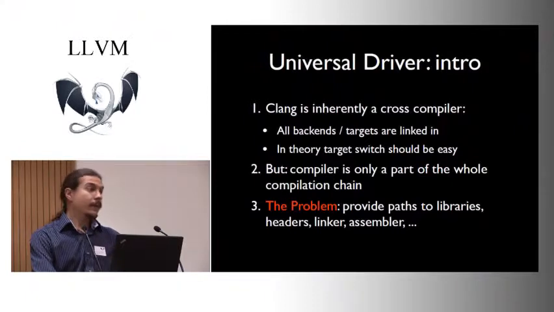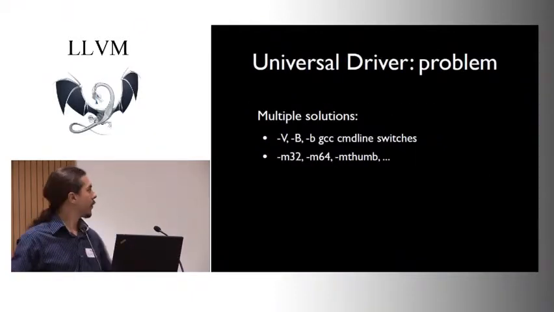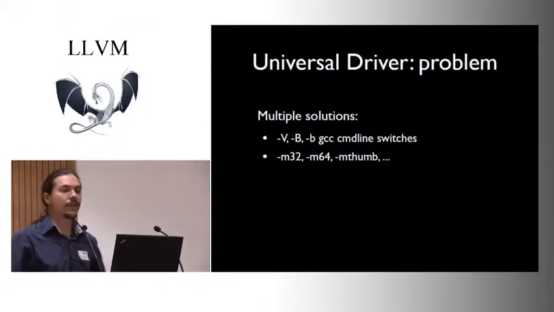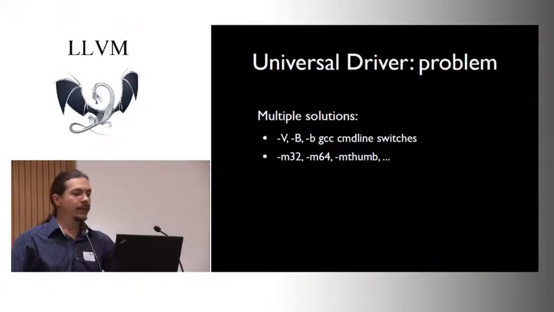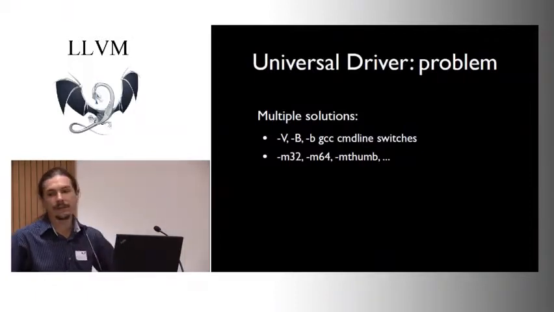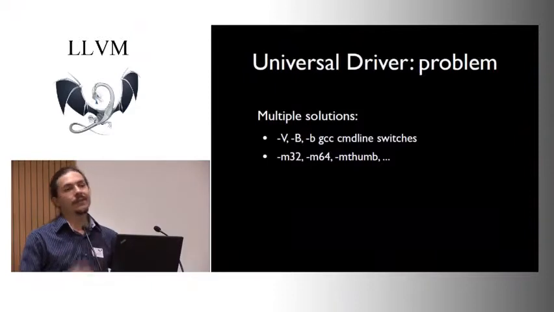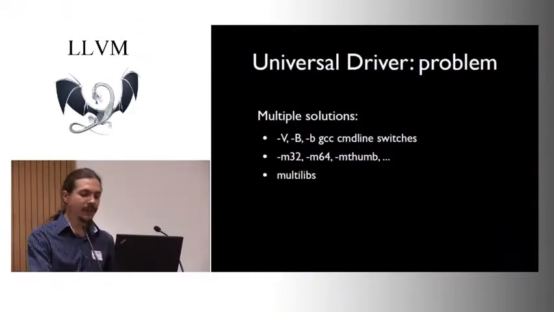There are multiple ways to solve this problem already. There are some command line switches, for example, these examples of GCC command line switches. Also, all these -m32, -m64, -mthumb command line switches are another way to solve such a problem. Multilibs is another way to solve the same problem.